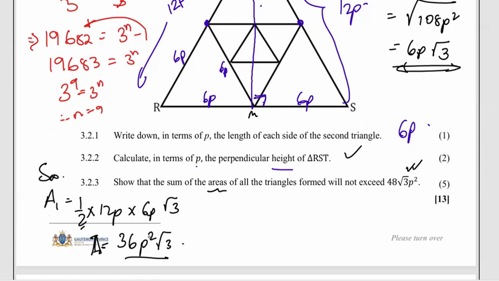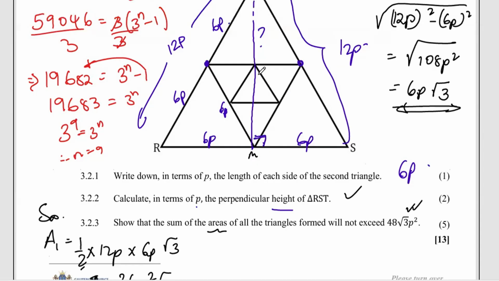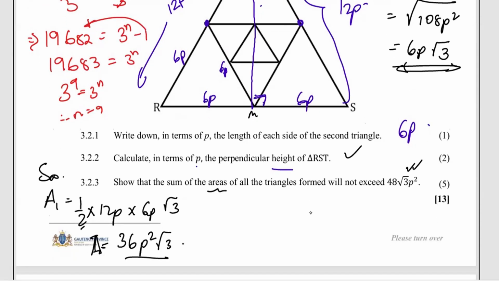When we look at the second area, remember we said the height is being divided by 2, meaning that the new height for the second triangle is going to be 3p root 3. So it's going to be a half, this is area 2, times the base, which is now 6p, multiplied by the height, which is 3p root of 3.